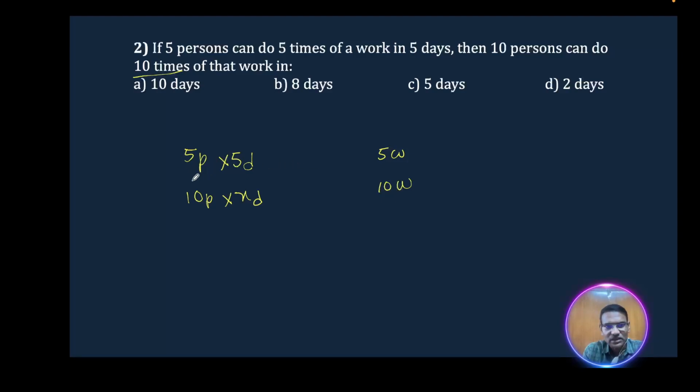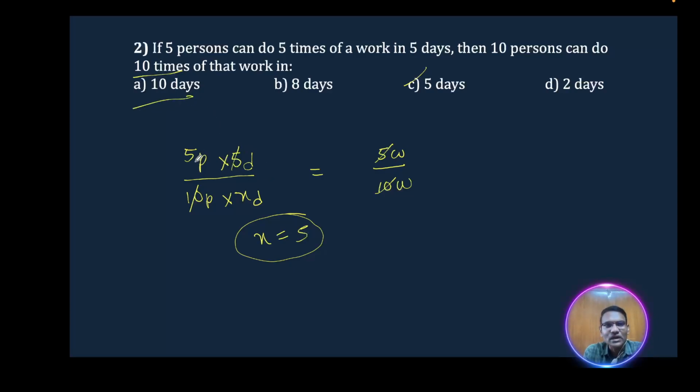Now this gives a direct proportionality condition. That means this one divided by this one is equal to this one. Now simplify. 5 gets cancelled, 10 gets cancelled, x equals 5. So 5 days. Most of you may think the answer is 10 days. No, that is not correct.